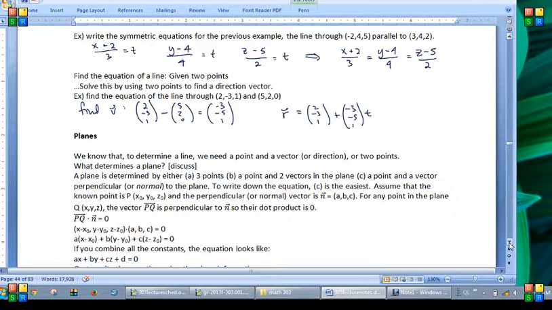This is considered the standard form for the equation of a plane: Ax plus By plus Cz plus D, our mystery constant, equals 0. And notice that if the equation is written like that, you immediately see the normal vector for the plane. The normal vector is just ABC.